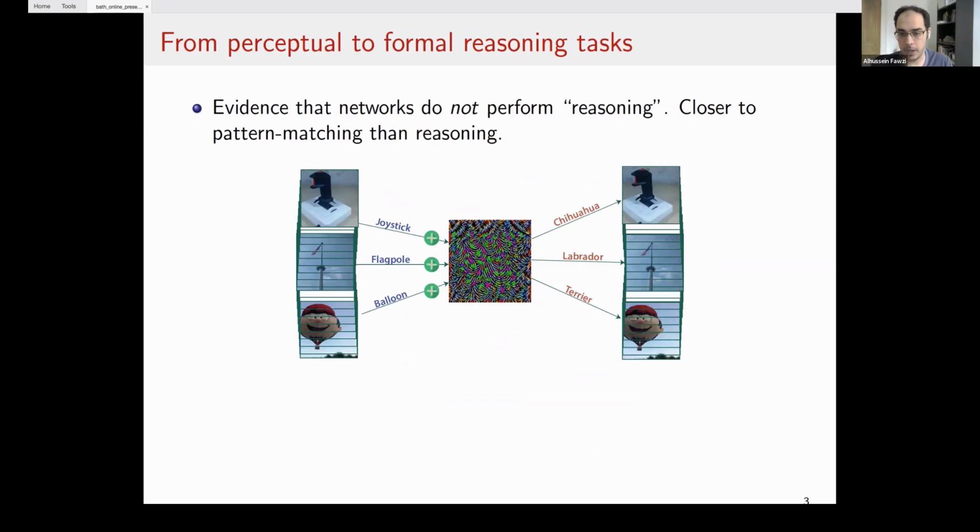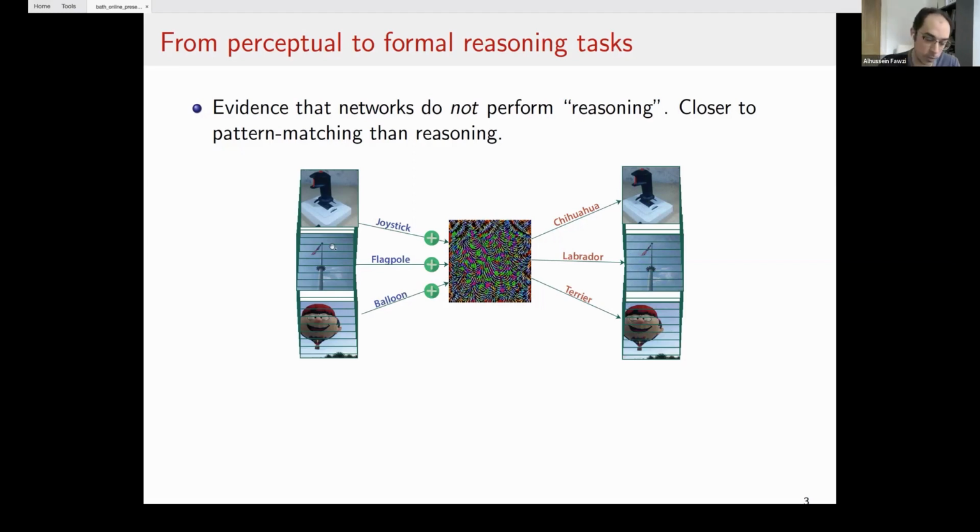The evidence behind this is, for example, the existence of adversarial perturbations or universal adversarial perturbations, where you can add a single pattern to all images. You add this single pattern to all images, and suddenly all images become classified as dogs, because the pattern is very much closer to the pattern of a dog.